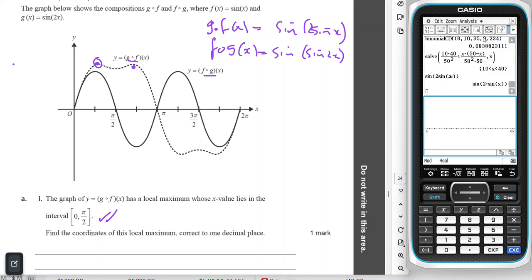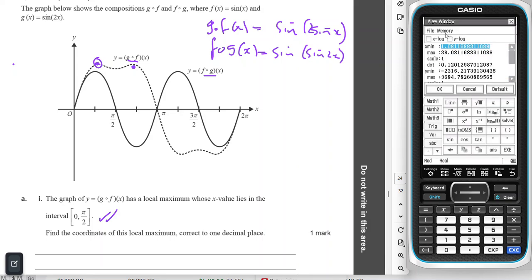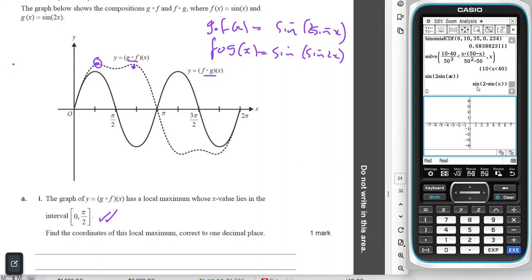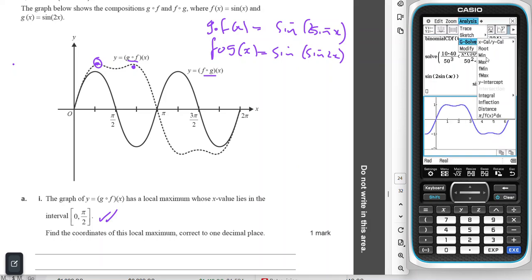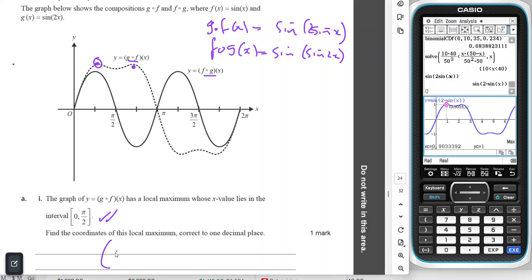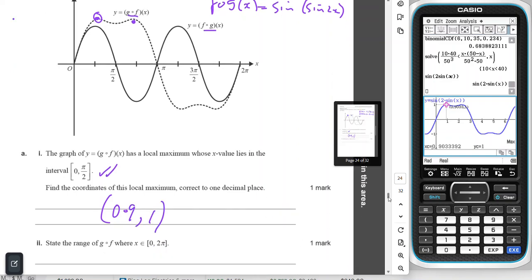And if I open up my graphing window and I memory initial, okay, and I pick that up and drag and drop, and I look at that area there, which is what they've got there. I'm looking for analysis, G-solve, max, and the max, one decimal place, fantastic. So 0.9 and 1 is the coordinate of the maximum point.